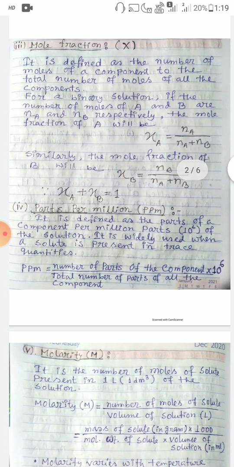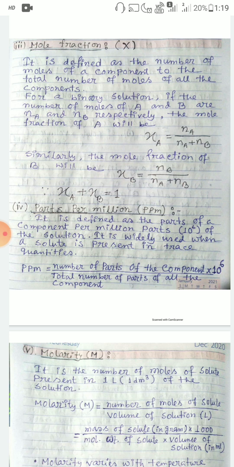Now the third method of representation of concentration is mole fraction. It is defined as the number of moles of a component to the total number of moles of all components in the solution. That is, mole fraction is equal to the number of moles of that particular component divided by the total number of moles of all components present in the solution.